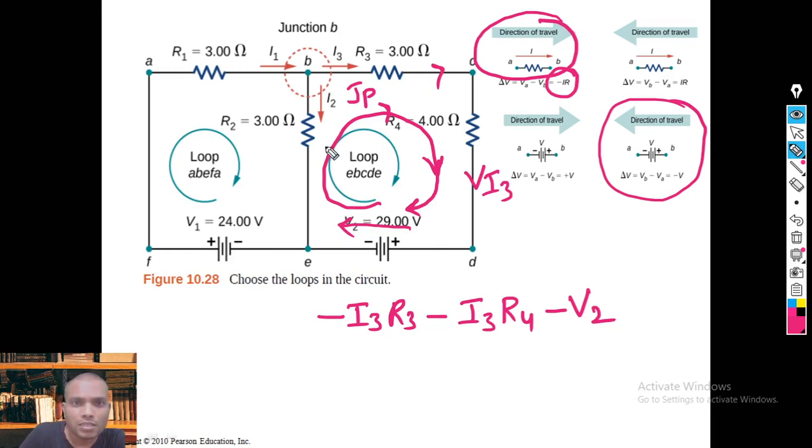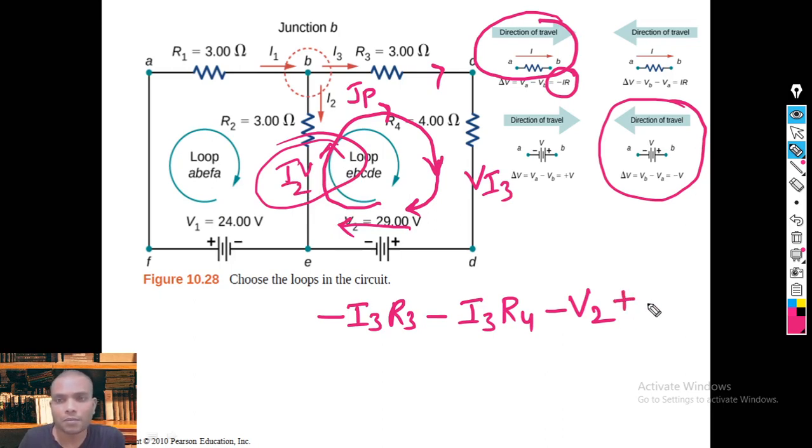Now one more resistance, R2, is there, because R2 is in between the two loops, so we need to consider this resistance also. In this resistance, the current direction across R2 and my direction in the loop are opposite. When my direction of travel and the current direction are opposite, we take that value as positive.